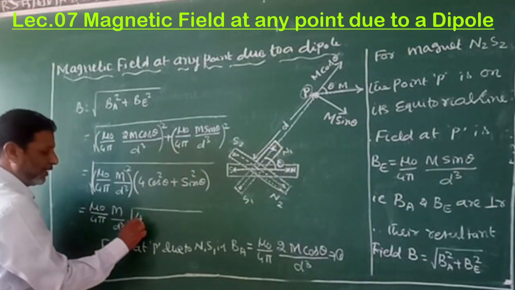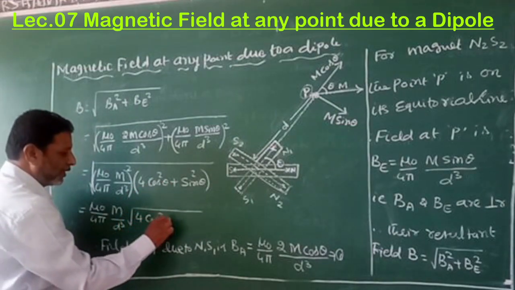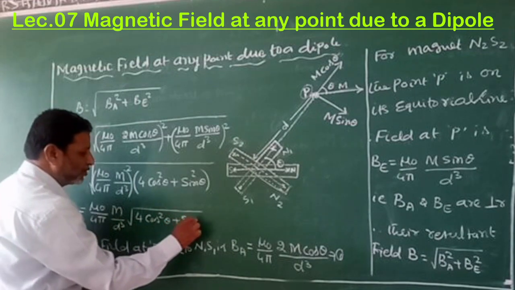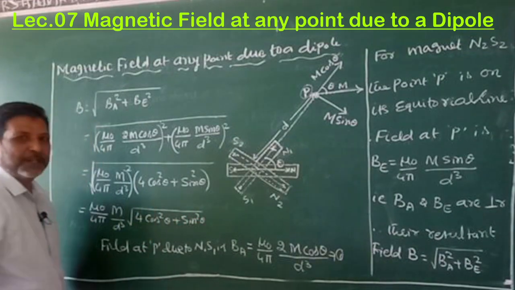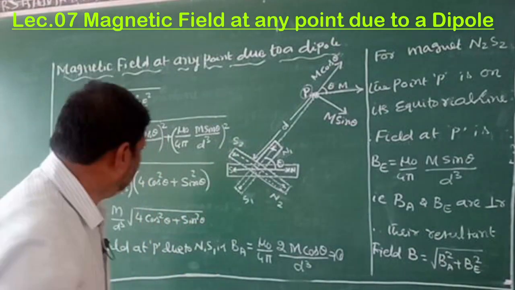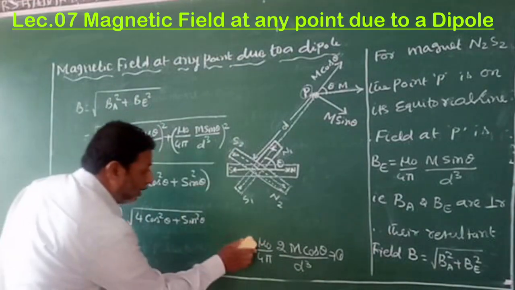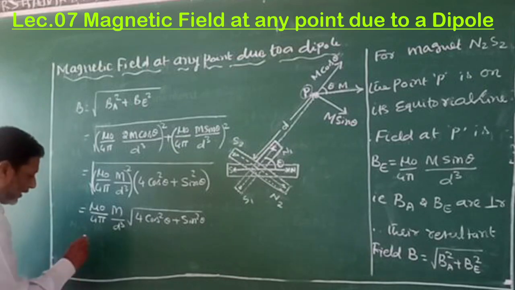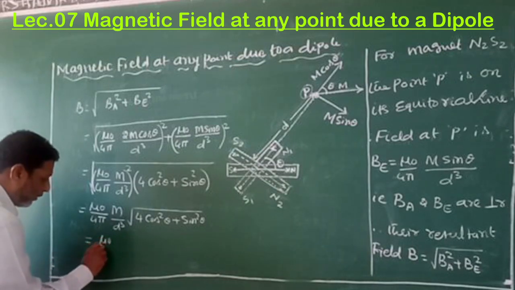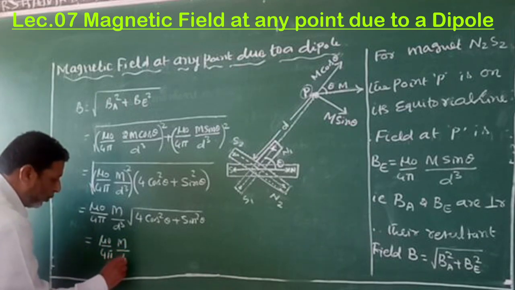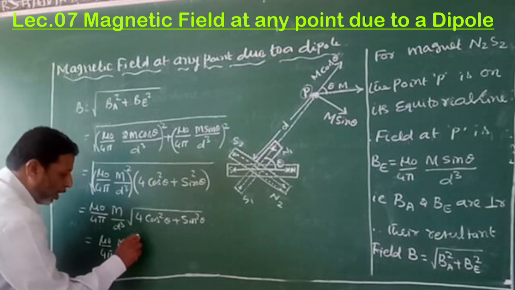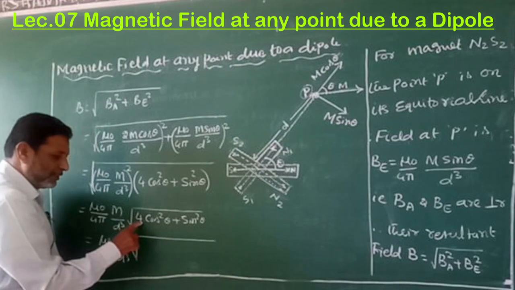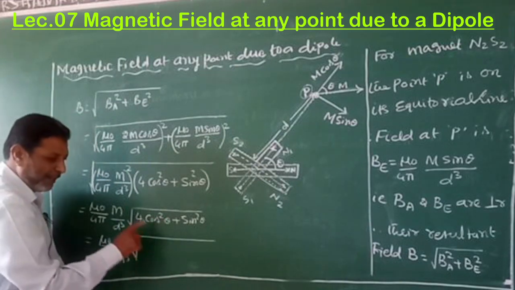What is it? It is 4 cos square theta plus sin square theta. Now this is equal to μ0/4π × m/d³ under root of... Now this 4 cos square theta, I will rearrange it here.